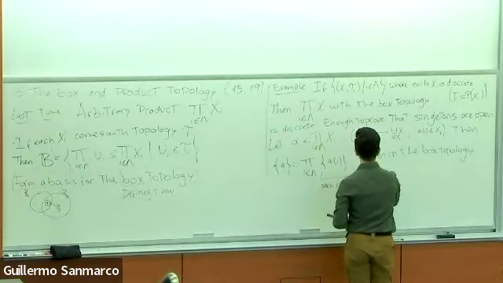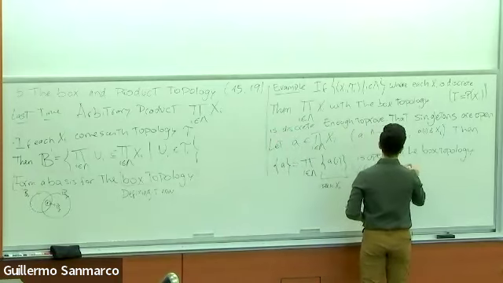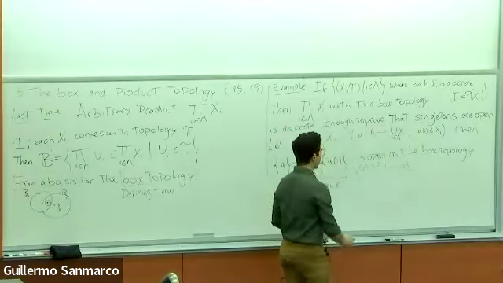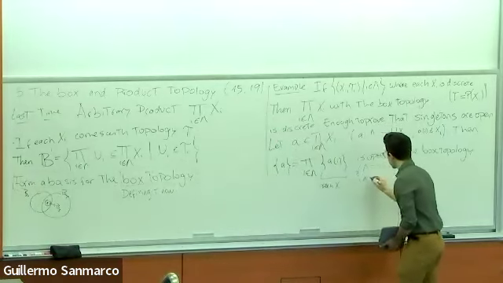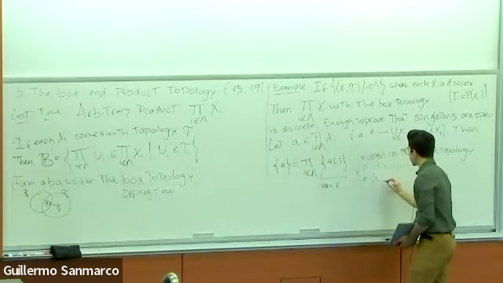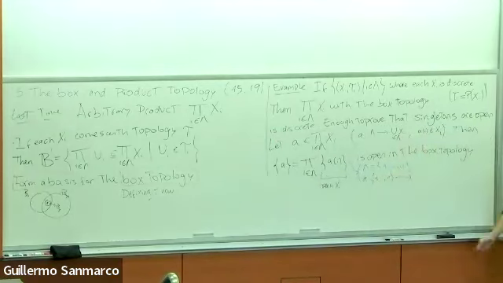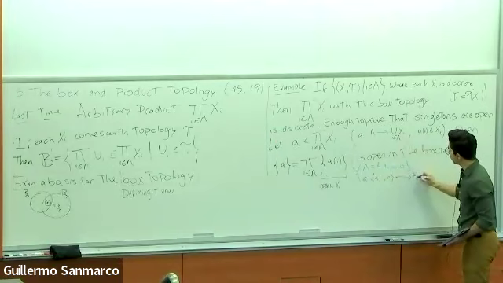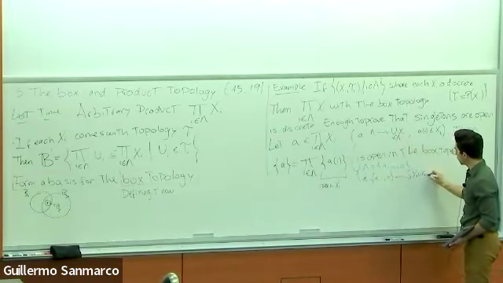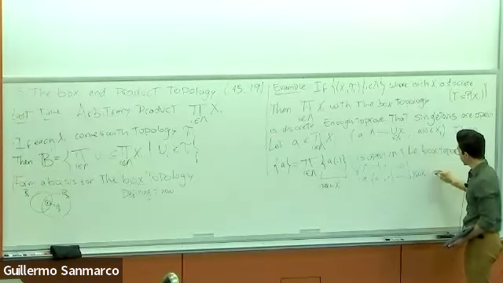The finite case is lambda equals 1 through n. So what I'm saying here is your function is a tuple. It's a function going from lambda to something, and something here is going to be the union of the Xi's, X1, X2, through Xn.